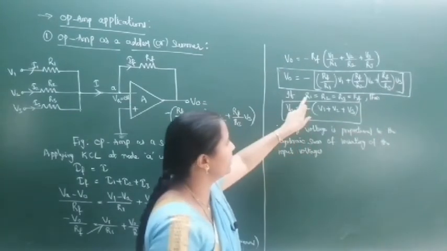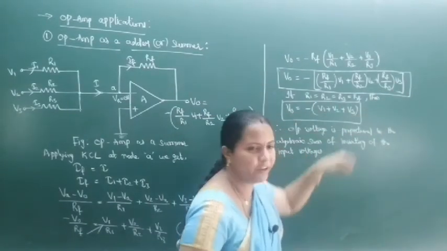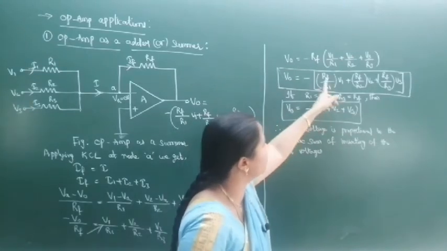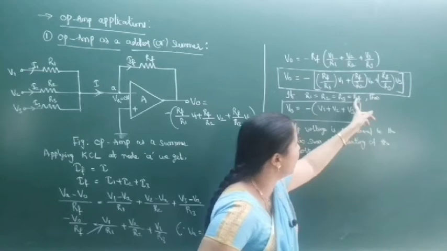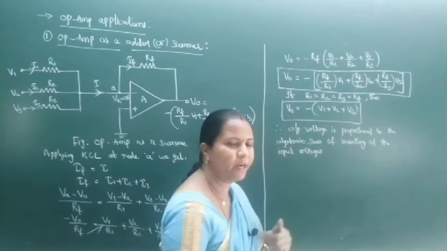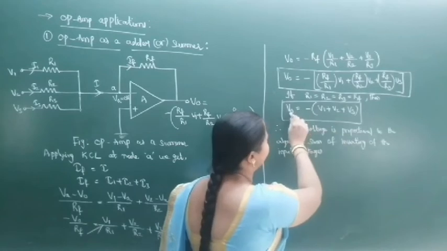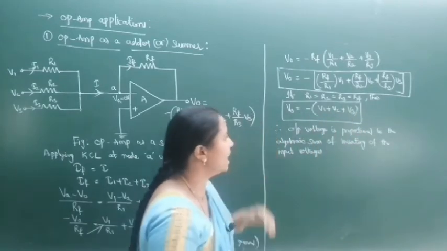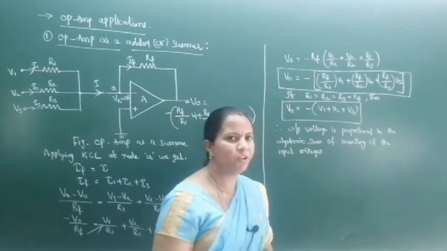If R1 equal to R2 equal to R3 equal to the feedback resistor RF, RF cancels in numerator and denominator, and you will get V0 equal to minus of V1 plus V2 plus V3. This is the output voltage of the operational amplifier.